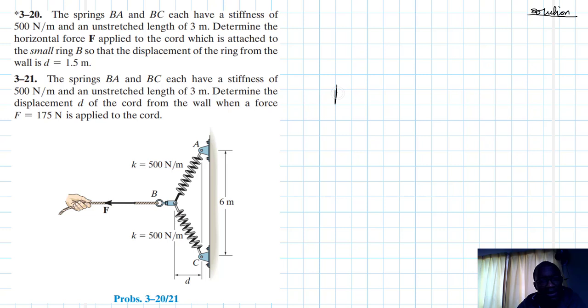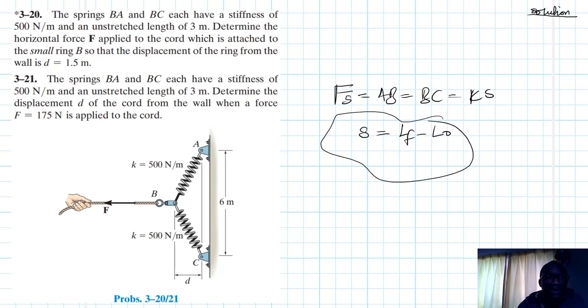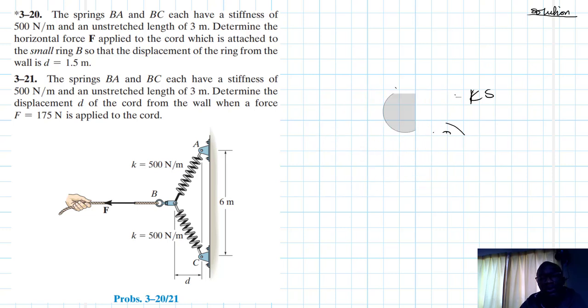And you know that the spring force S, which in our case is AB, which is also equal to BC, is just equal to K times S, K being the spring stiffness, S being the stretch, and the stretch in here is just L final minus L naught. So we have everything, we just plug these values in those equations, and then we find what we want. And we do the reverse in the other case.